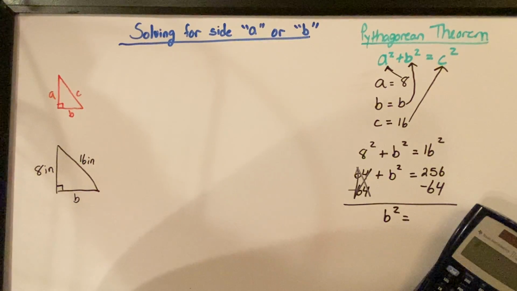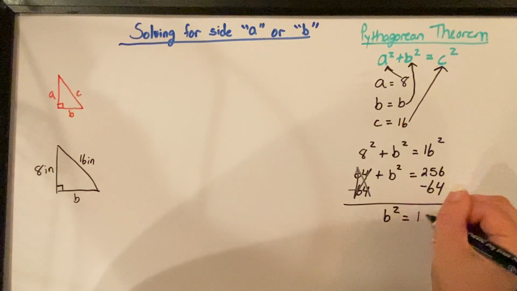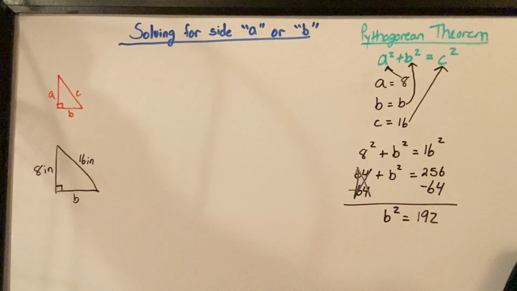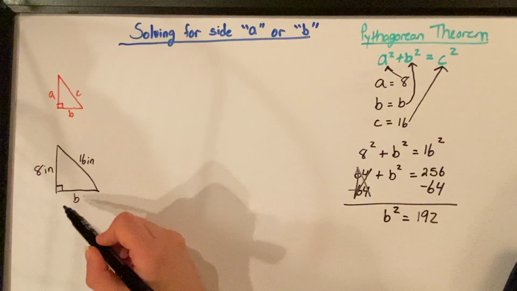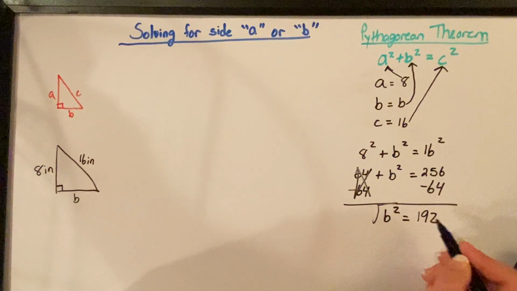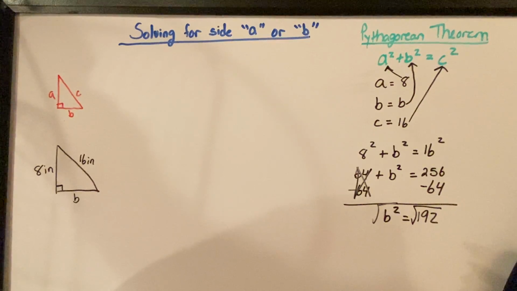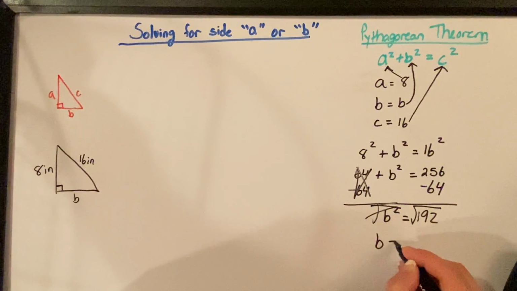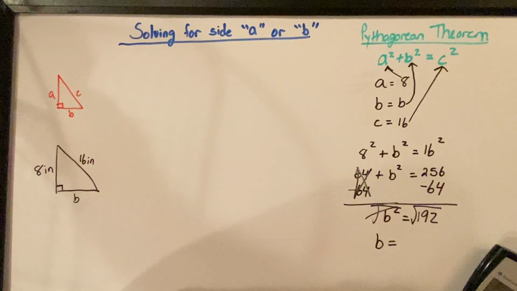We'll put that in our calculator. 256 minus 64, we're left with 192. And remember, you are not done yet because this is B squared, and we don't want B squared. We need to solve for just B. To undo a squared number, you just take the square root of both sides. The square root and the square cancel each other out. So I'm just left with B equals the square root of 192.